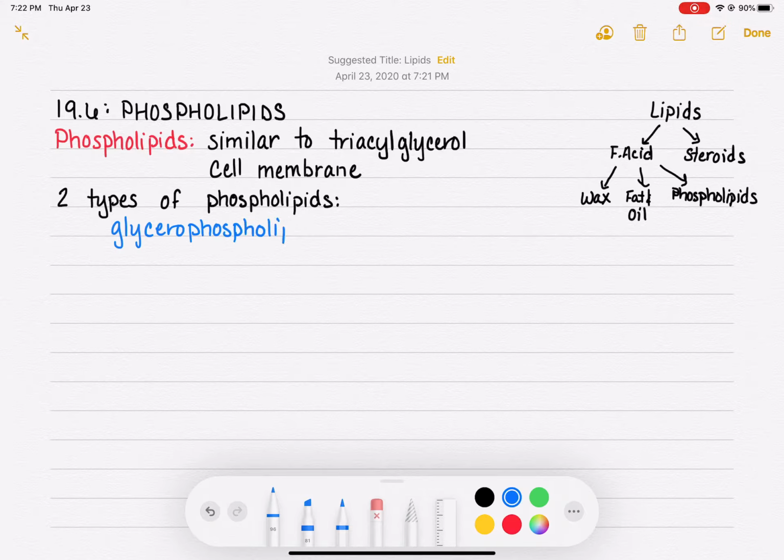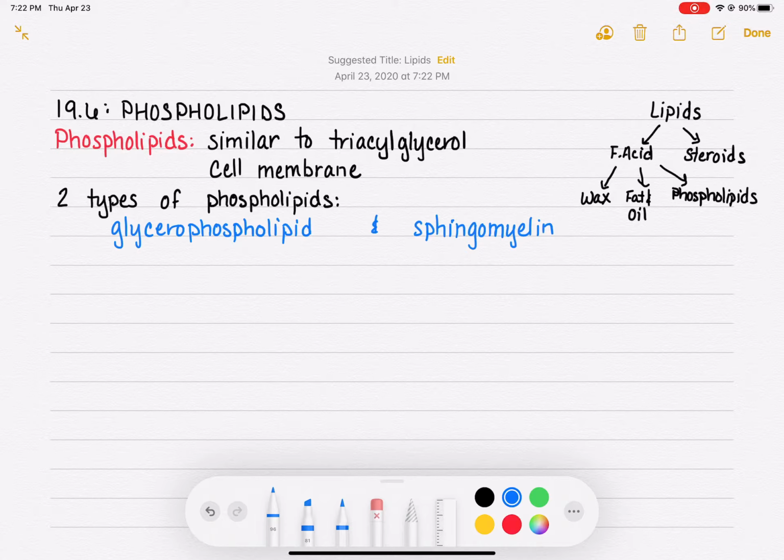Glycerophospholipid. And the other type is called a sphingomyelin. So two types of phospholipids, and they have slightly different structures.